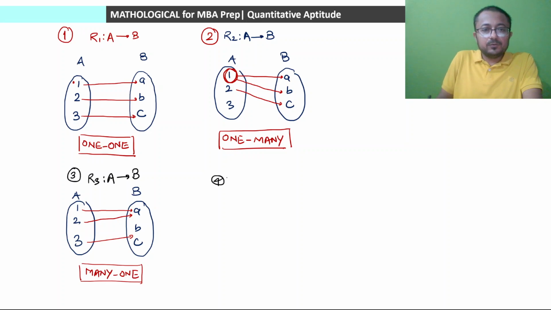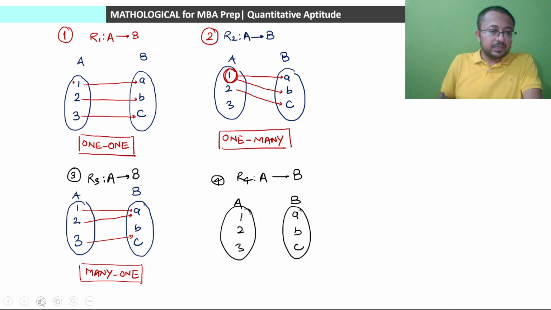And the final scenario, let us say relation R4 from A to B. That will be a many-many relationship.